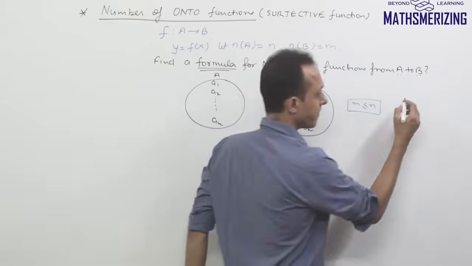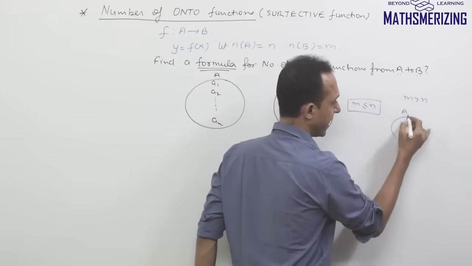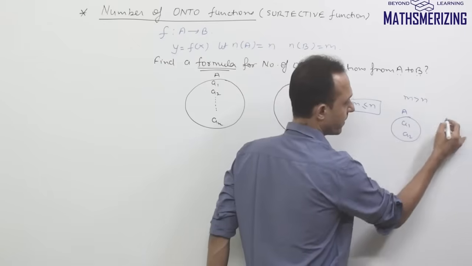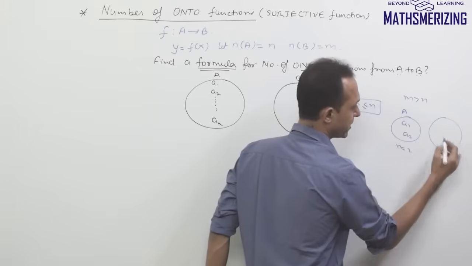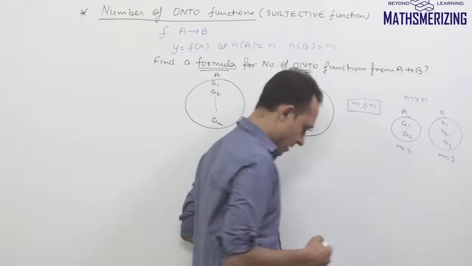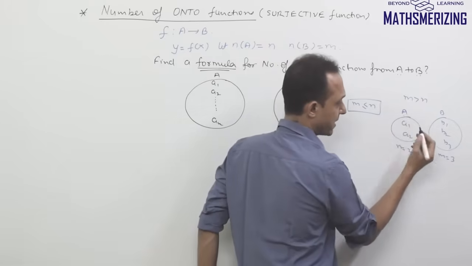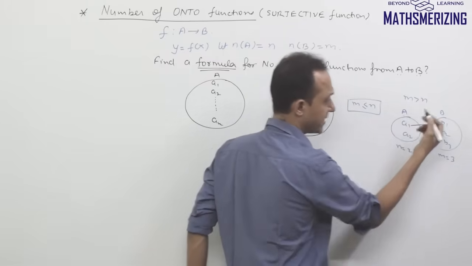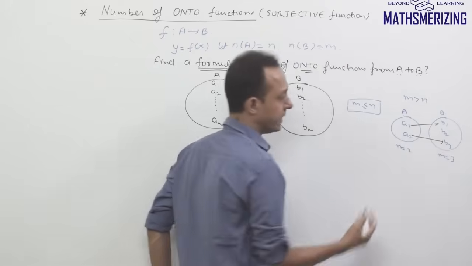Now in case m is greater than n, let us take an example. Say I have two elements A1 and A2, so the value of n is 2, and suppose m is greater than n, say m is 3. I'll take this as B1, B2 and B3. Now for this function to exist from A to B, A1 must have an image. So maybe A1 has image B1, and A2 has image B3.